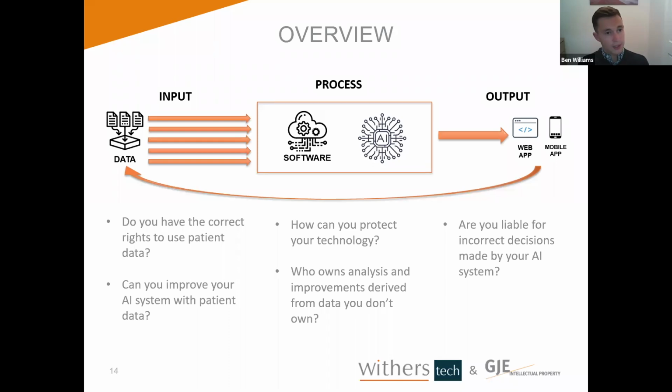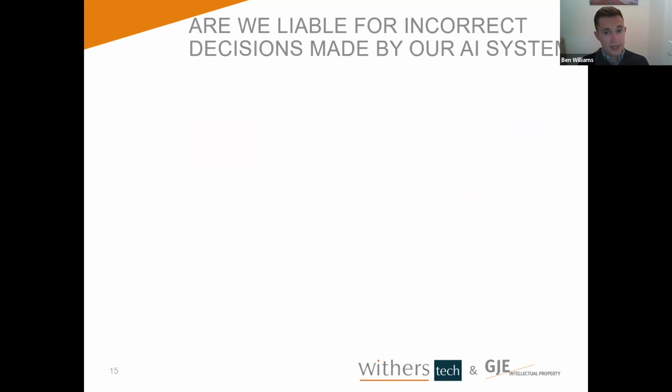If we now look at the output part of this slide, and in particular try to answer the question as to whether you are liable for incorrect decisions that are made by your artificial intelligence system, that's actually a really difficult question to answer, and it's highly dependent on your specific business.